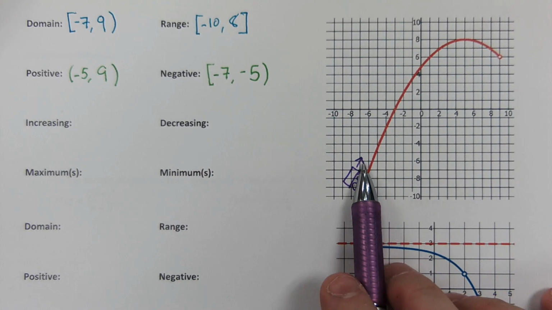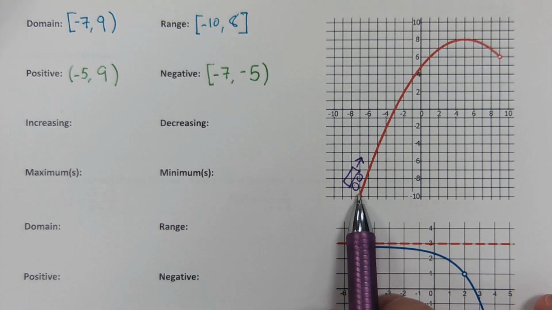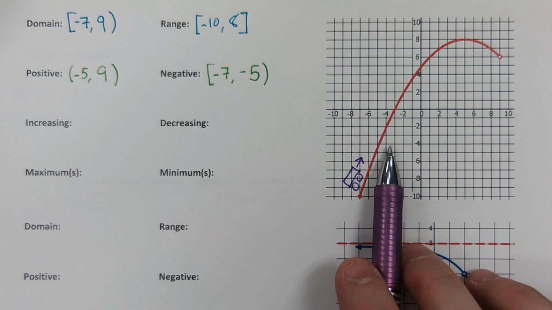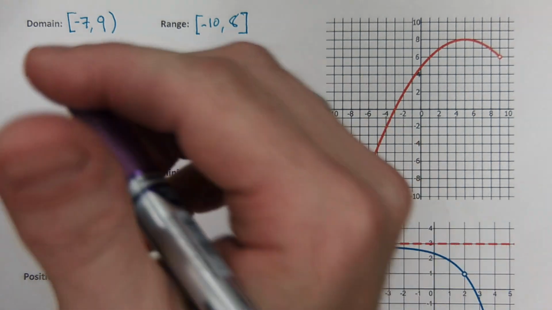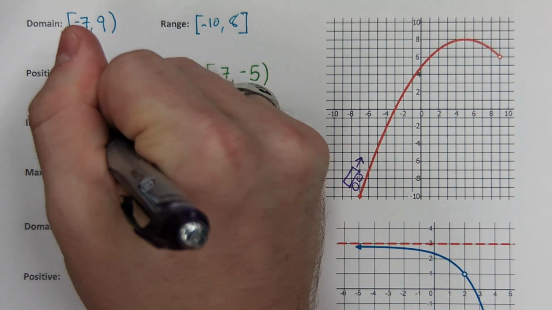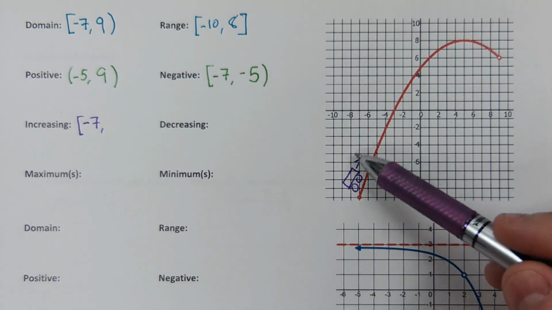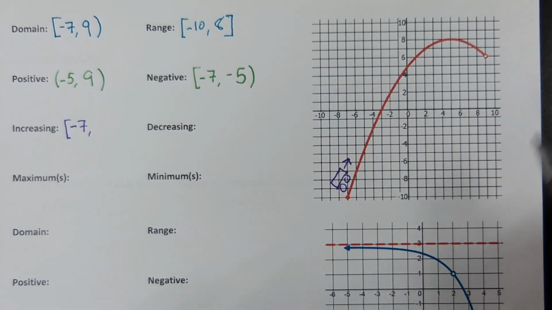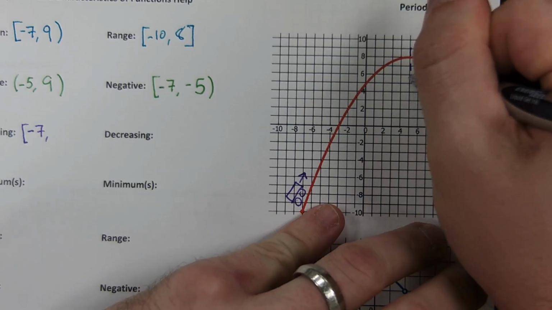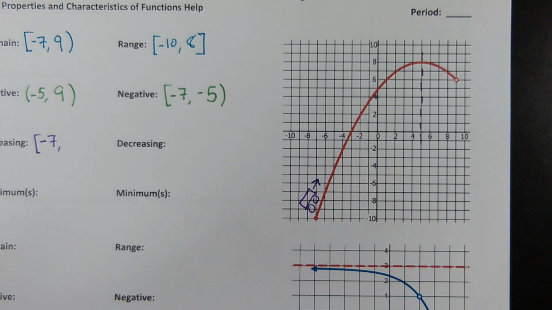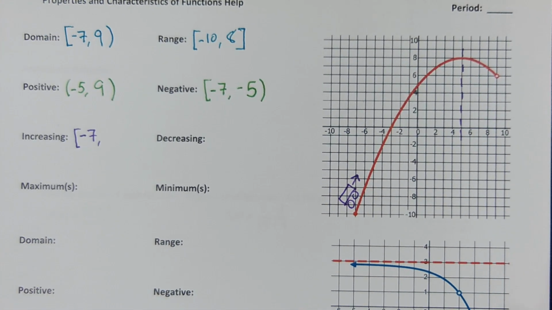Now, hoping you could see, using this little arrow, that right now my graph is heading up, which is increasing. So we begin increasing at -7. But when does this roller coaster stop going up is the question. Well, the answer is at this value. That is where my roller coaster stops going up.